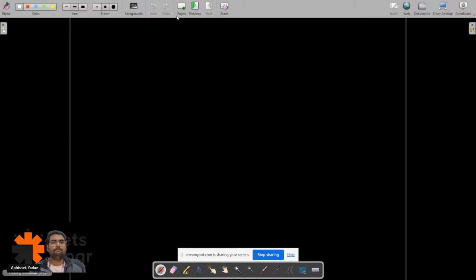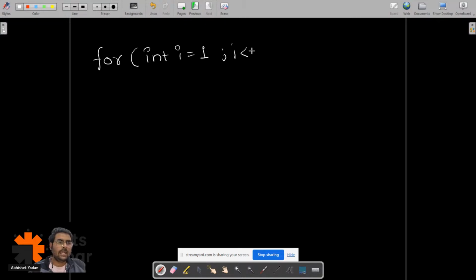Here you have one for loop, and inside this for loop you take one variable i starting from 1, and i is less than or equal to n, i plus plus, right everyone? And here you write a check whether i is a factor of n or not.